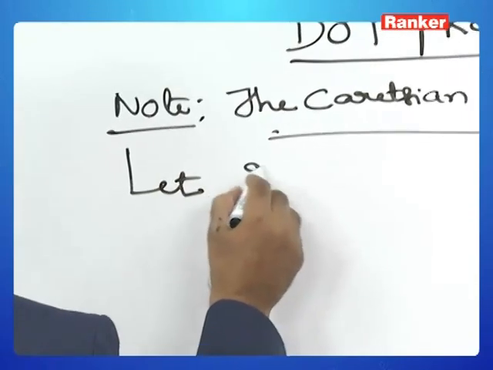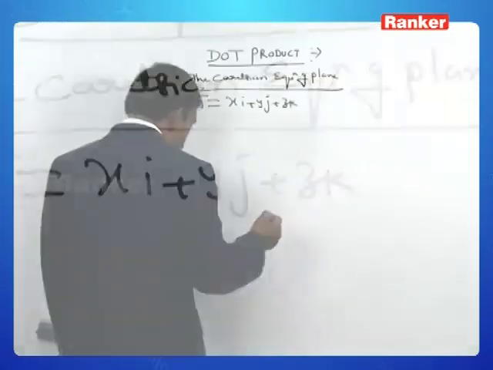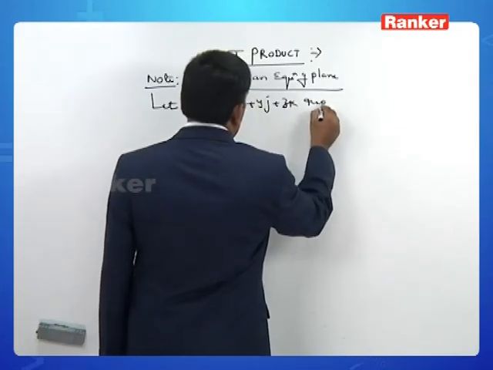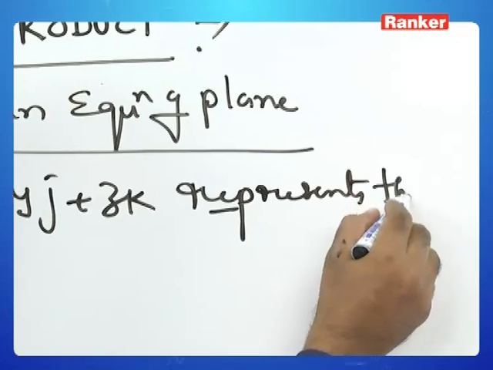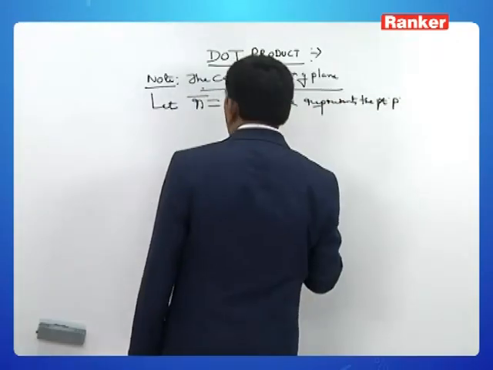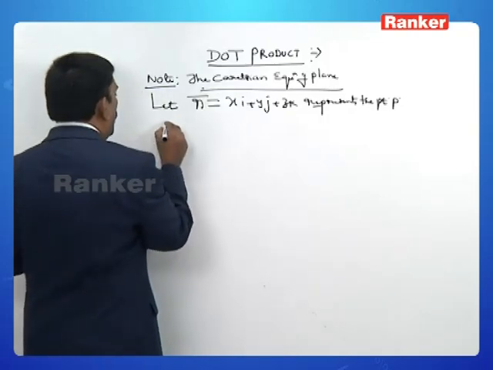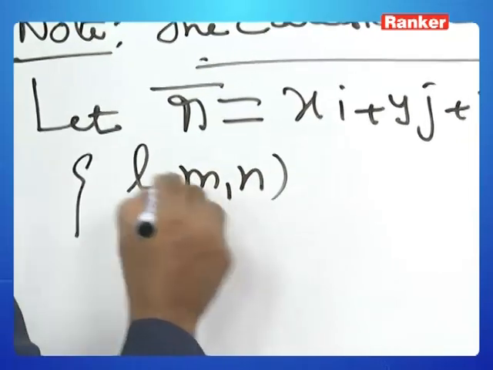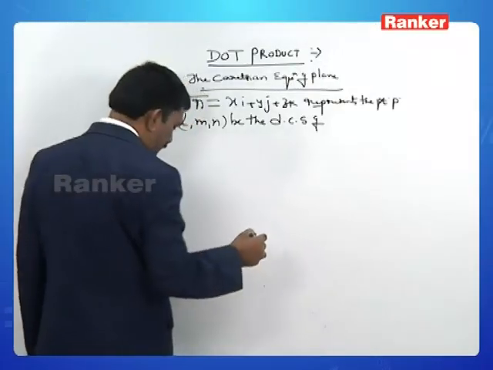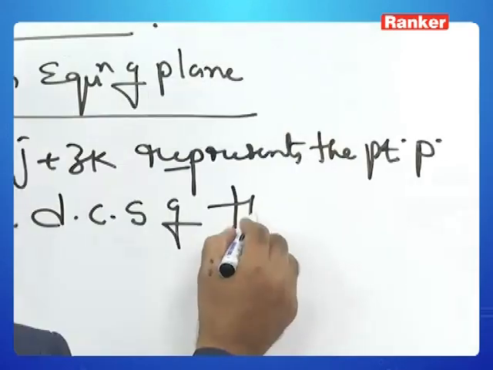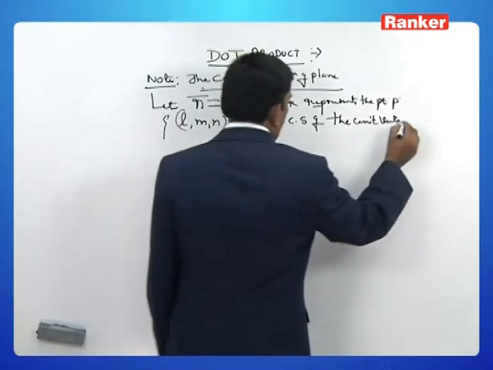Let r bar is equal to xi plus yj plus zk represents the point P with respect to orthogonal coordinate axes, and l, m, n be the DCs of the unit vector n cap.